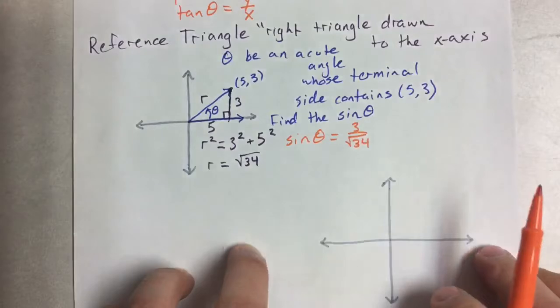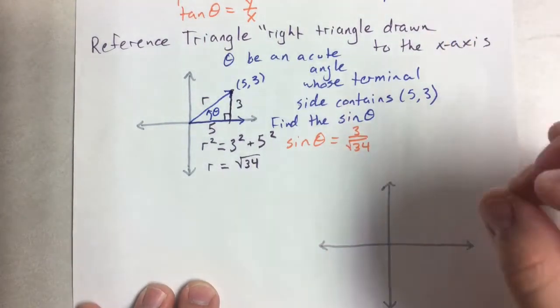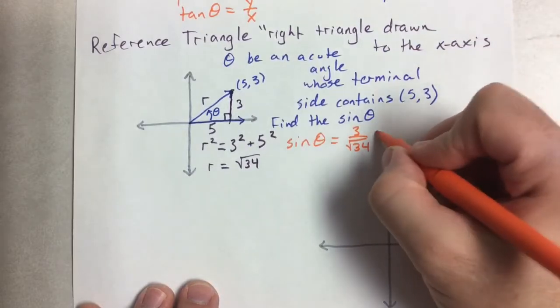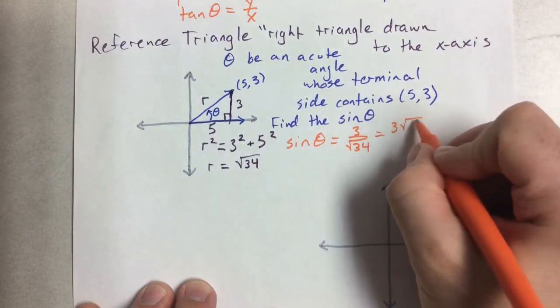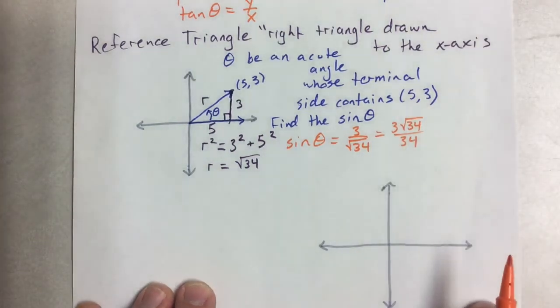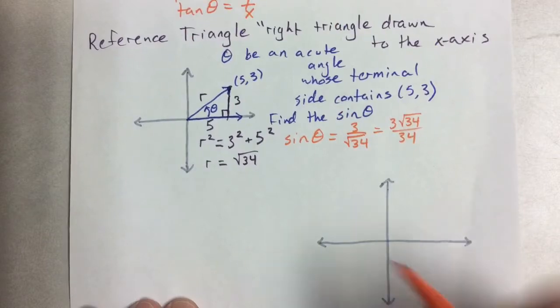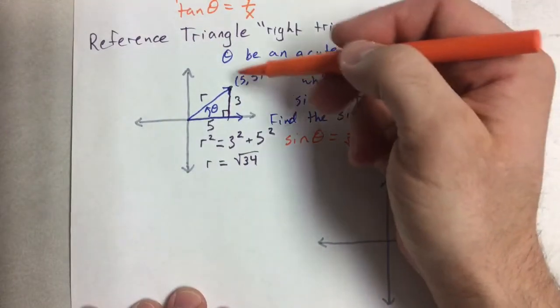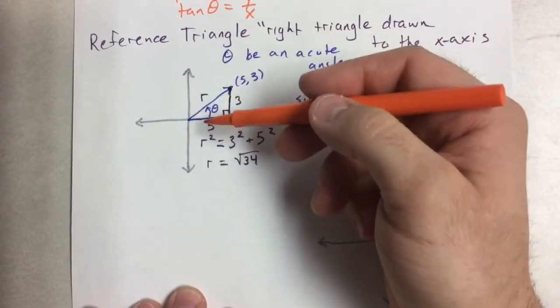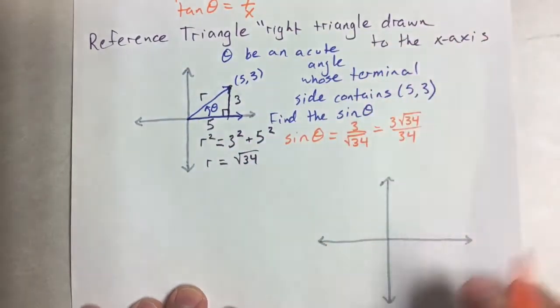And yes, we could simplify it, but for right now, we're okay with just writing it like that. If you're curious, it would end up being 3 square root 34 over 34. So that might not seem much to you, but we know there are coordinates all throughout this Cartesian plane in the different quadrants, and we're going to see how the trig ratios change.